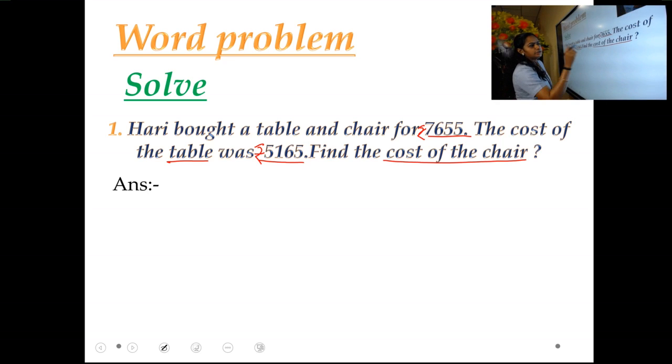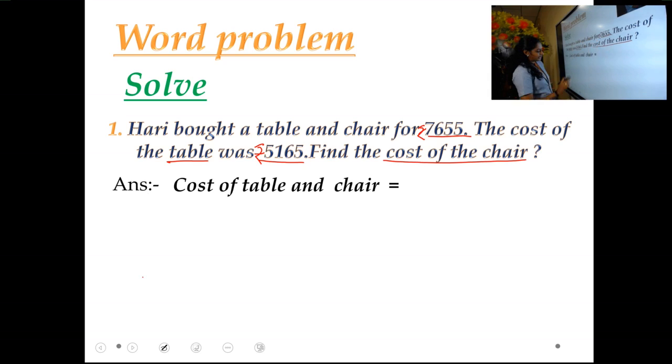So here what will we find? Find the cost of the chair. When you write down the steps, you have to write down the cost of table and chair. Cost of table and chair is equal to how much? 7,655. Write that down, with rupees.